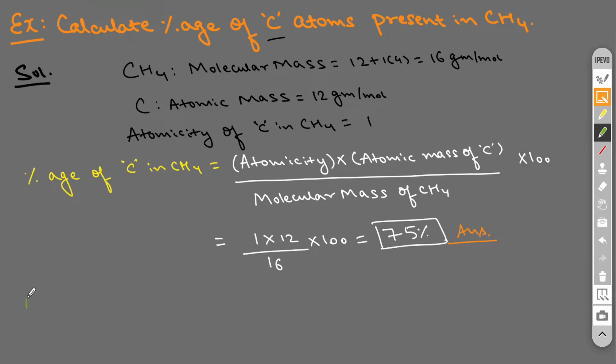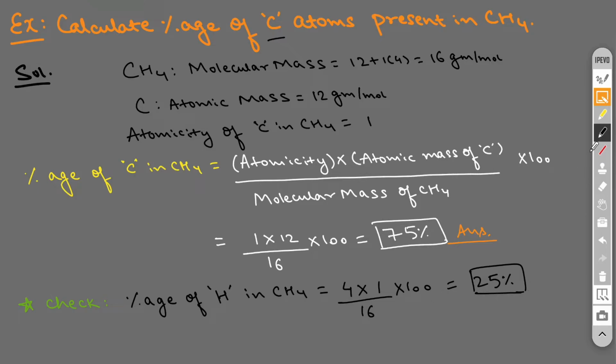Now one more thing. We will check if this answer is correct or not. So we'll write here. This compound CH4 is composed of C and H atoms. So we have calculated percentage of C. Now we'll calculate percentage of H in CH4. So basically atomicity, which is 4 multiplied by atomic mass, which is 1 divided by 16 multiplied by 100. It came out to be 25%.